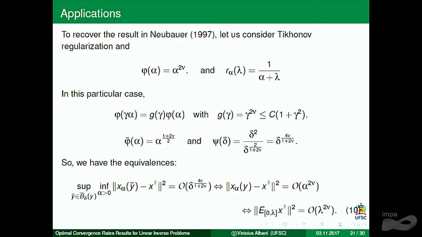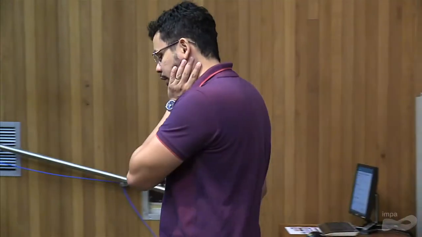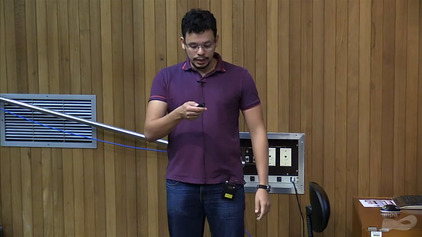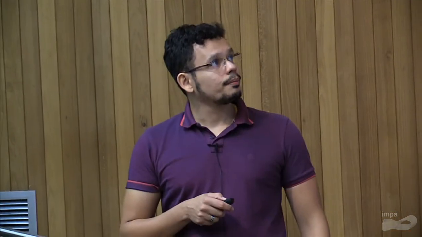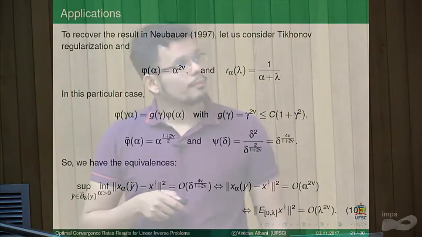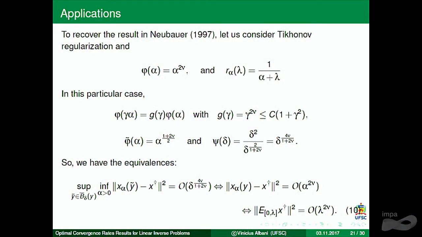And now we have this application. If we replace the general regularization technique by the Tikhonov regularization, and the general phi by this Hölder function, it's not so difficult to prove that phi satisfies this equation here.